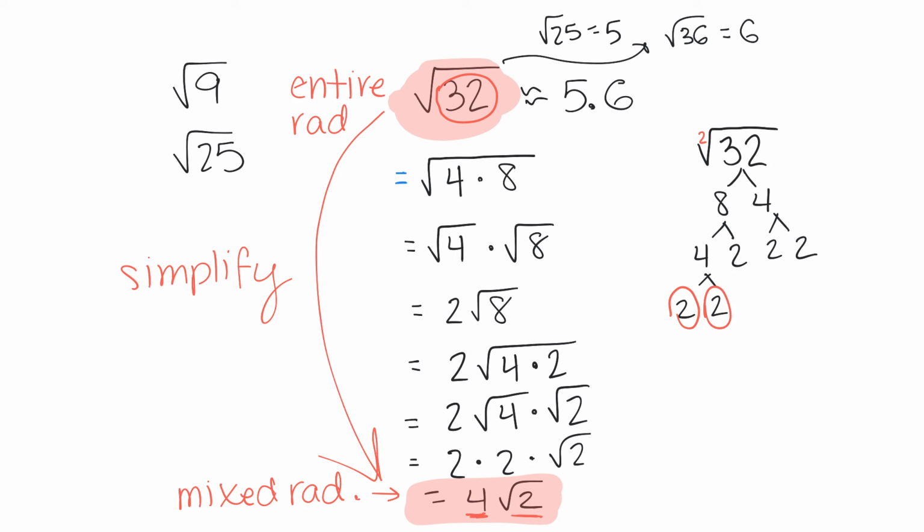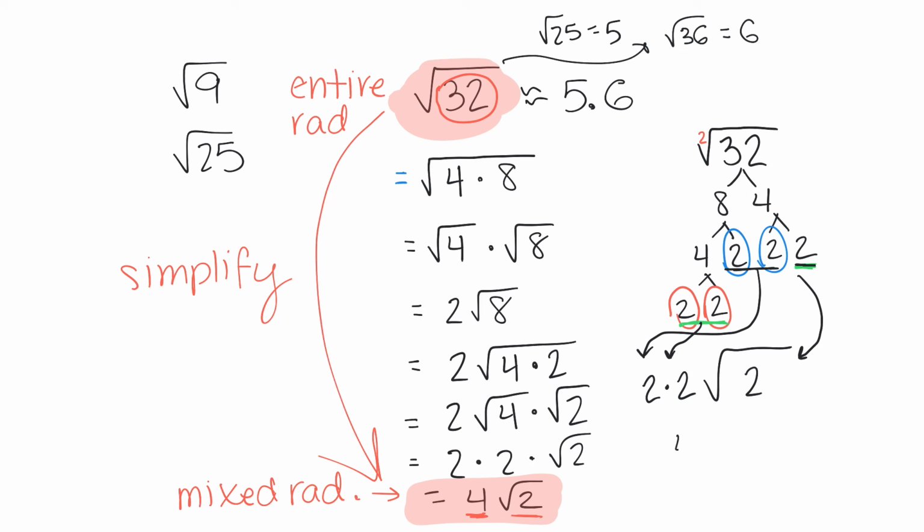So here's a pair of 2s, and here's a pair of 2s, and then I've got one solo 2 left. So because there's 2 here, I am going to take that out as a 2. Here's another pair of 2s. I'm going to take that out also. And then I have a single 2 left, and since it doesn't have a pair, it's going to stay inside. So 2 times 2 is 4, root 2.